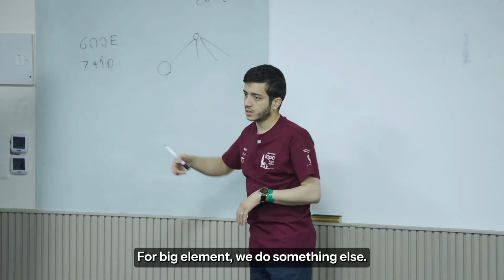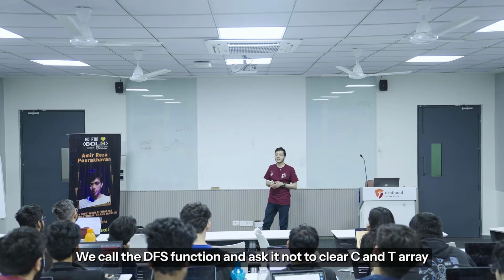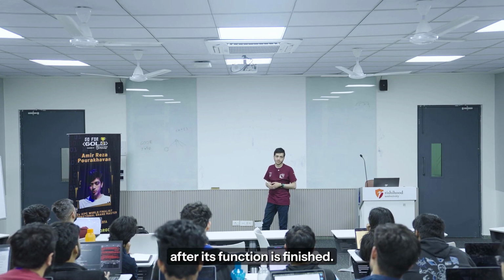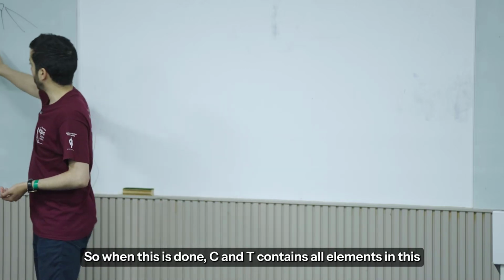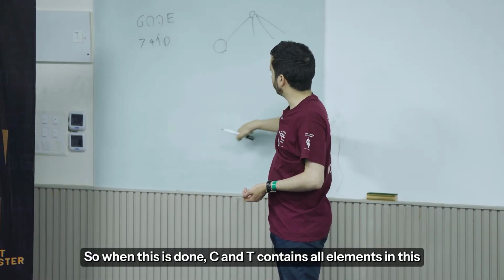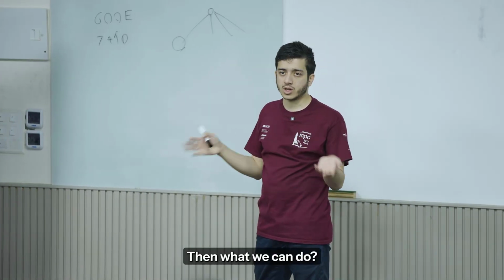For the big element, we do something else. We call the DFS function and ask it not to clear the CNT array after its function is finished. So when this is done, CNT contains all elements in this subtree, right? Then what can we do?